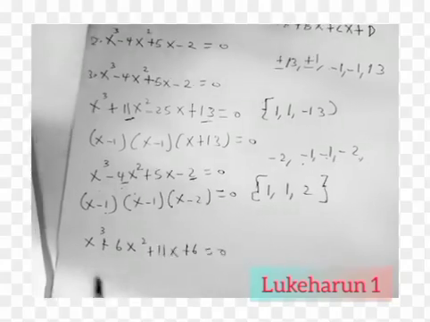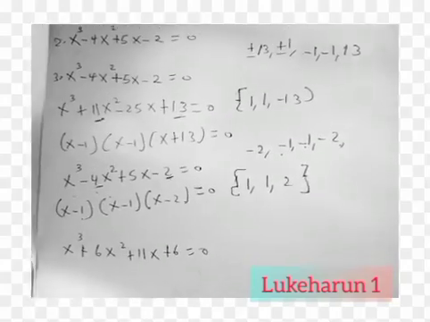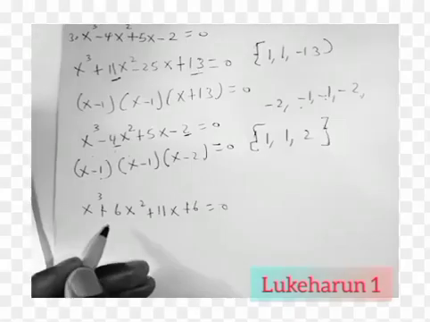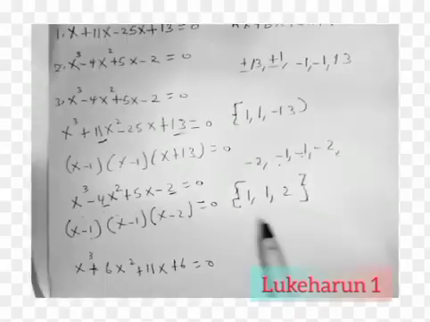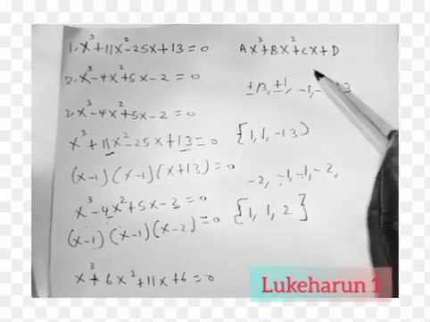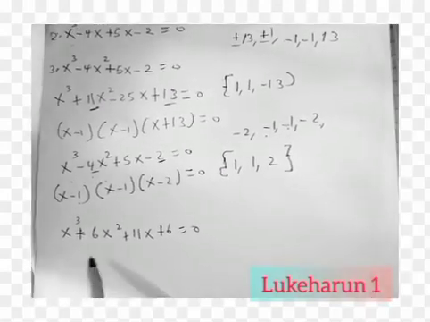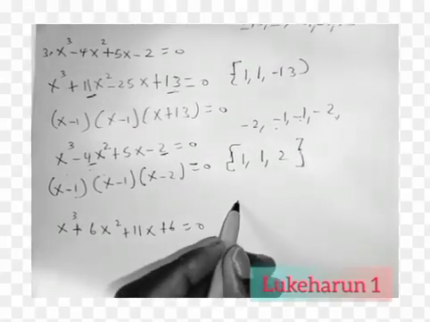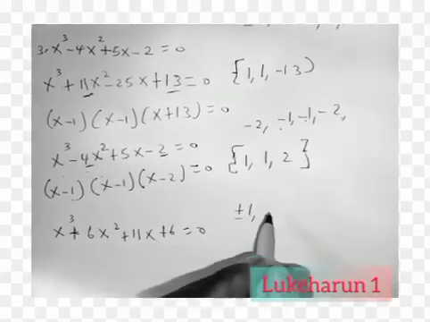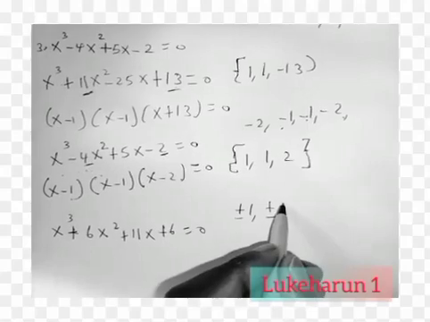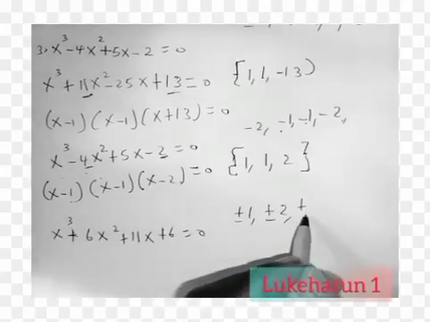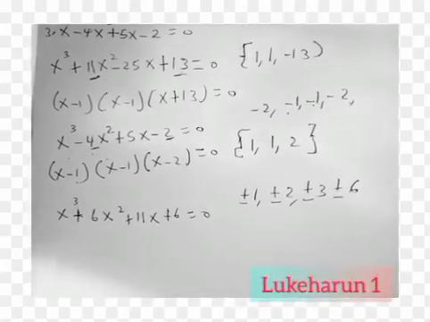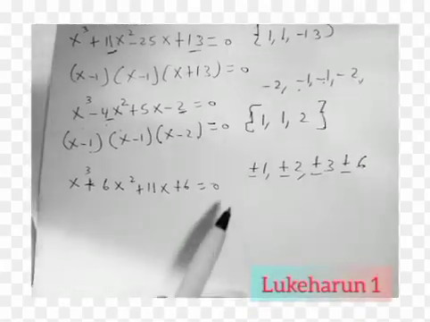You consider whether your equation is in standard form, and clearly in our case this equation is in standard form. If it is in standard form, you find the factors of 6. Factors of 6, we have plus or minus 1, plus or minus 2, plus or minus 3, plus or minus 6. Those are the possible factors of this 6.